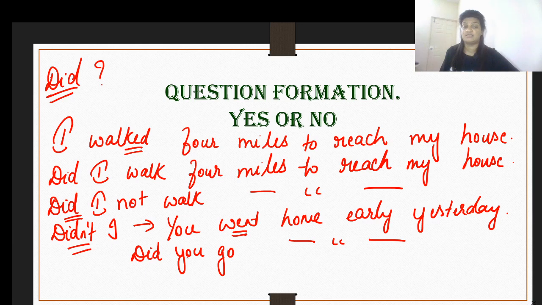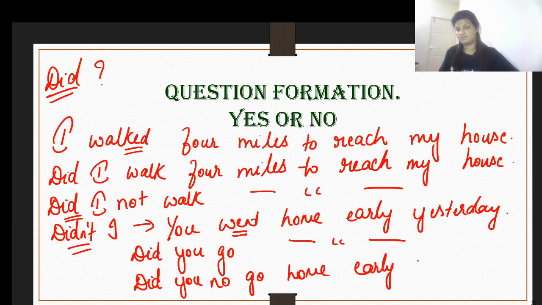How will you make this as a negative question? You will bring in the negative word, that is, did you not go home early yesterday? All right, we forgot about one important thing, didn't we? Question mark. Do not forget to end the question with a question mark.